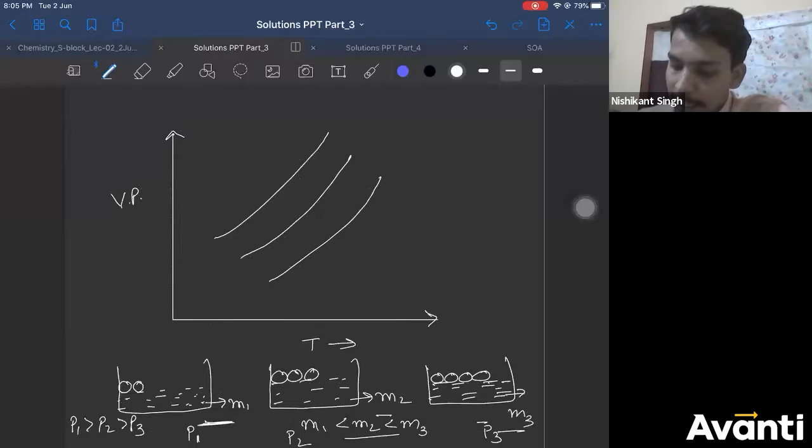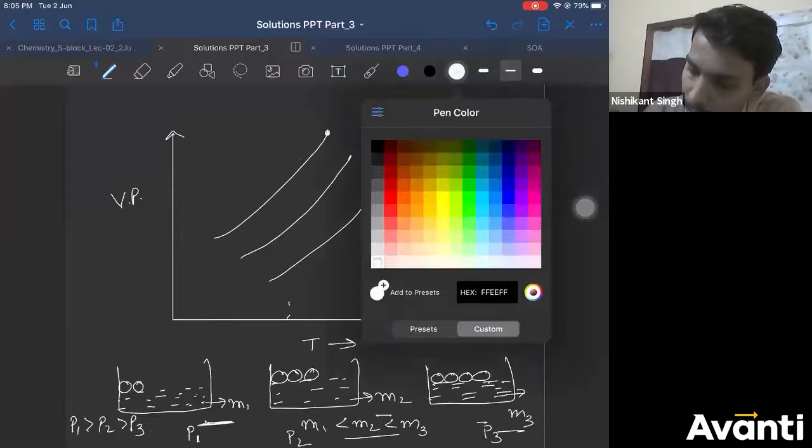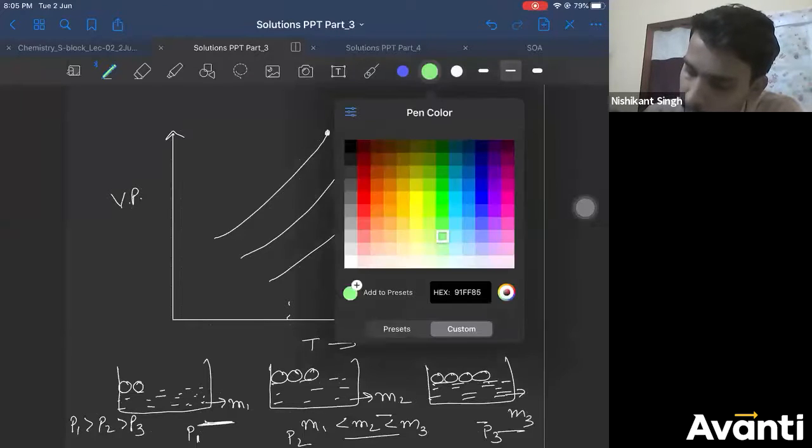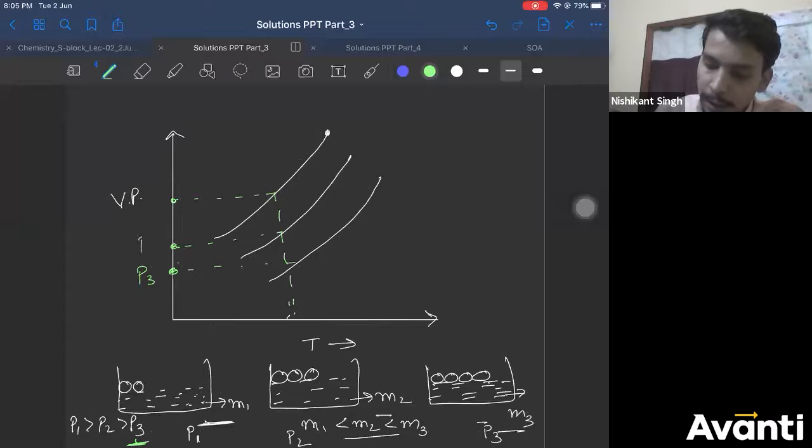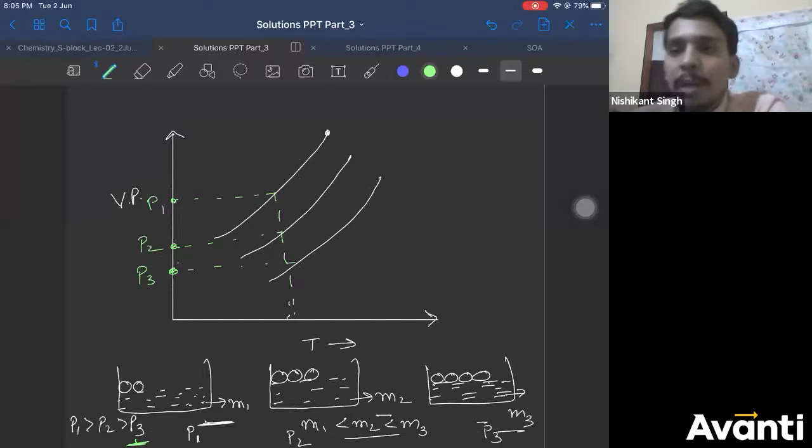Now, this is the graph having, at a particular temperature, this vapor pressure is maximum, followed by this vapor pressure, followed by this vapor pressure. We know which vapor pressure is least, P3. So this represents P3, this represents P2, this represents P1.